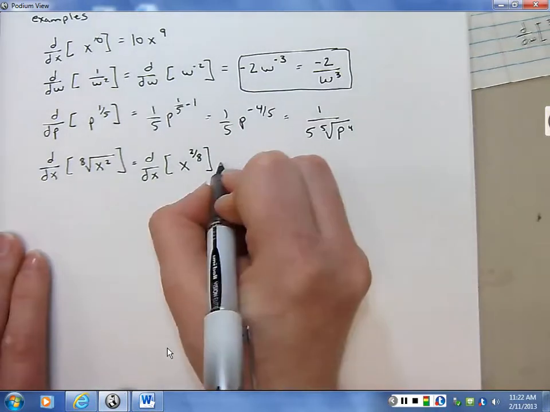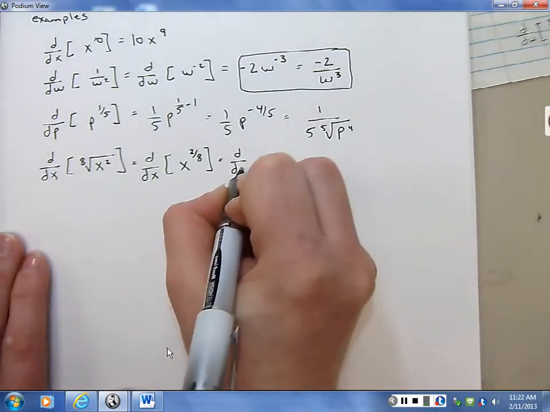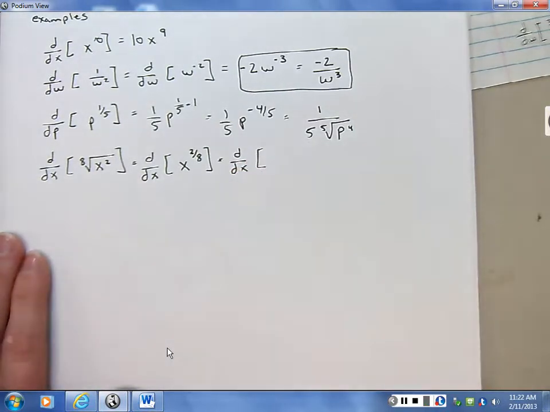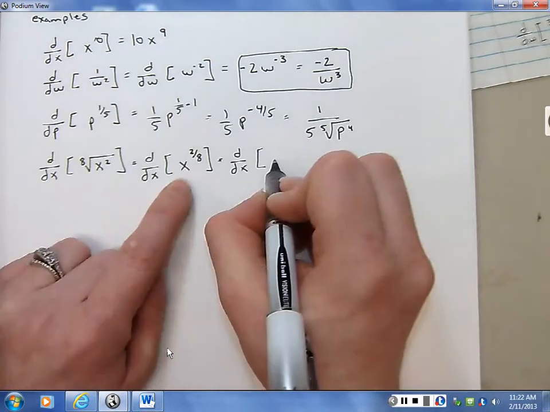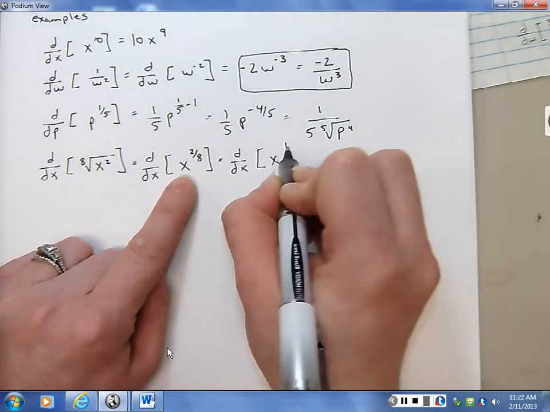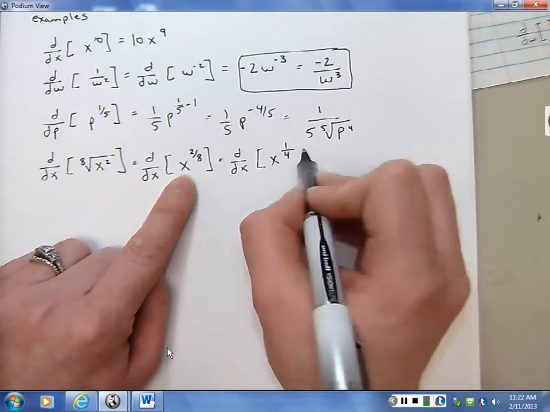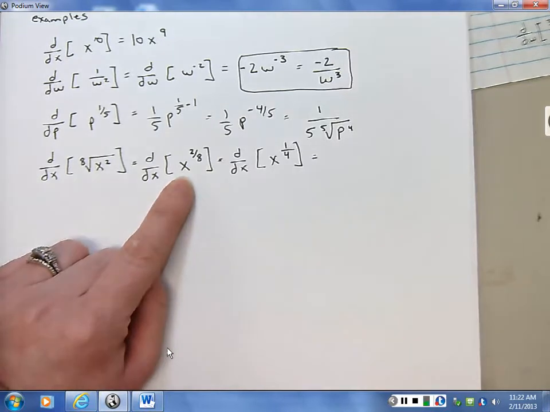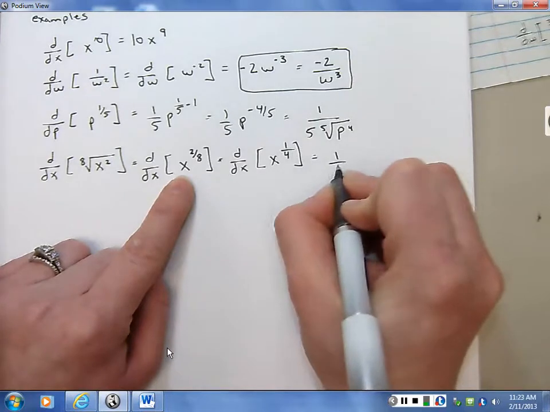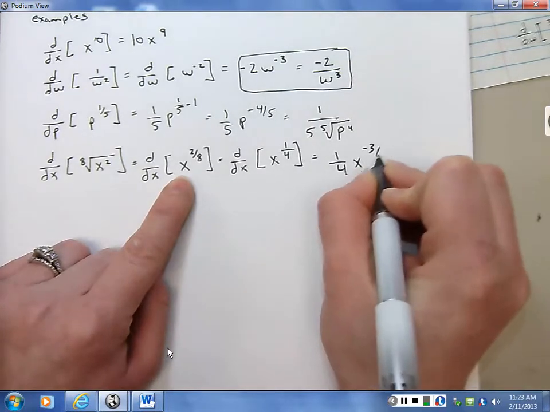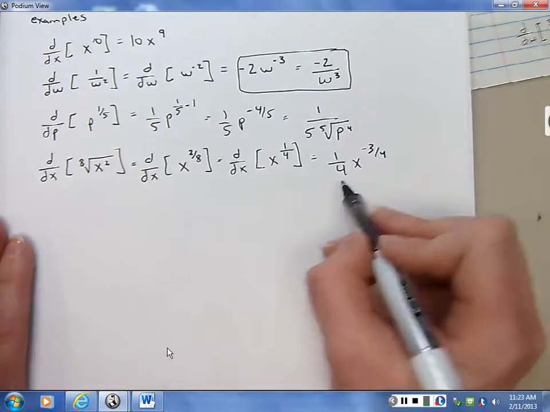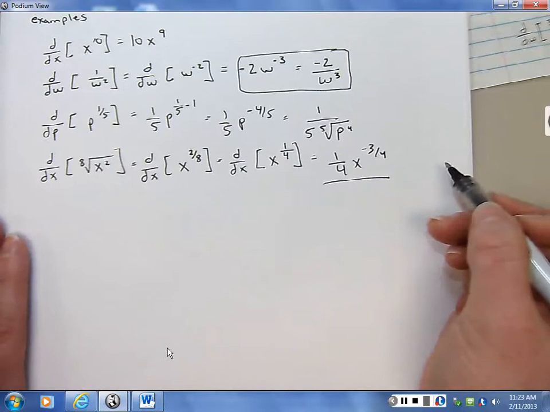Or you could write that as 1/4, right? So what's going to be the derivative of x to the 1/4? Right? Can you see that?